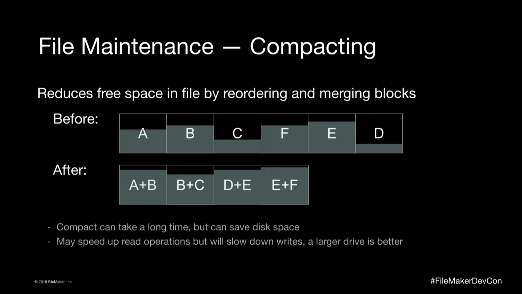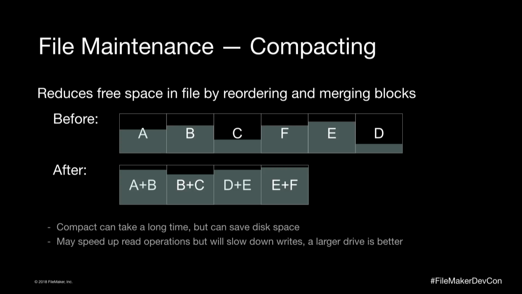The first one is pretty simple. But when you say compacting, I mentioned how we have these keys and chunks that are stored in blocks. What compacting does is it'll try to squeeze as much free space out as it can. Because as the file's operating and you're putting keys and chunks into these blocks, we're removing things and putting things in. But when we remove things, there's still some free space available.